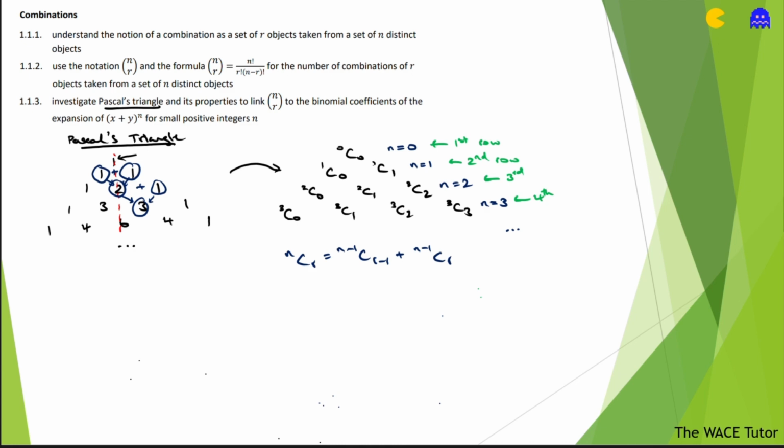Let's give an example. Let's look at 3 choose 1. That's going to be equal to 3 minus 1 is 2, choose 1 minus 1 is 0, plus 3 minus 1 is 2, choose r, 1. 2 choose 0, 2 choose 1. Exactly as expected. This is one important property of combinations.